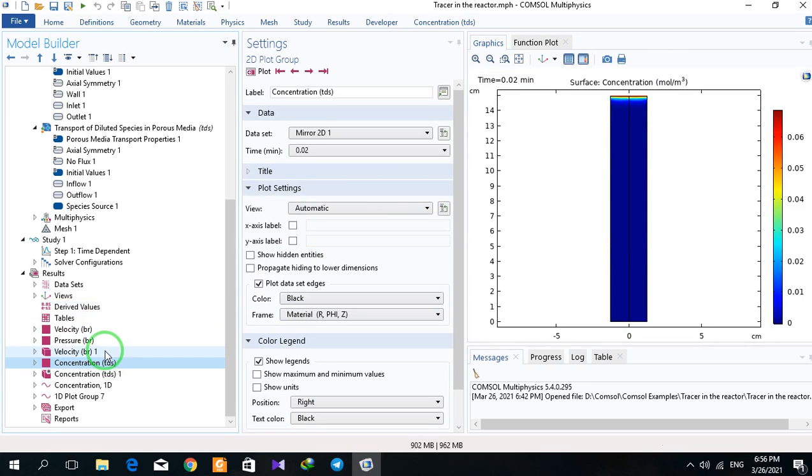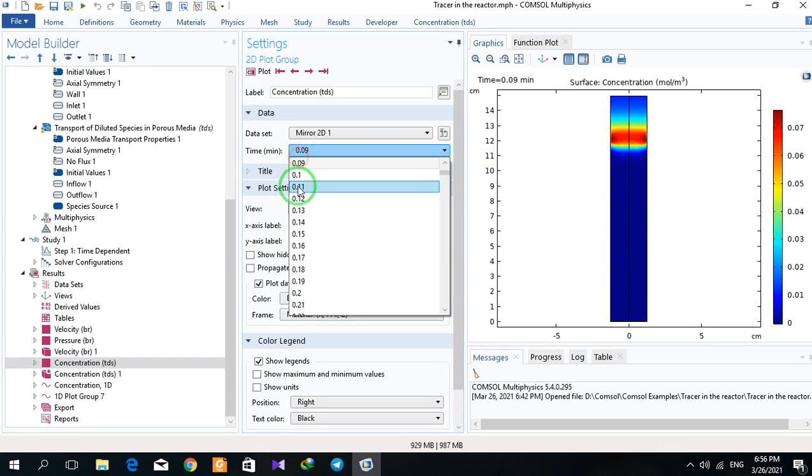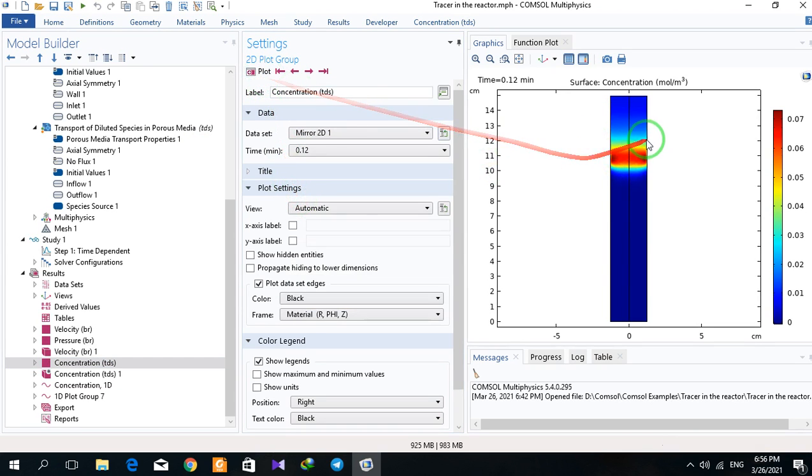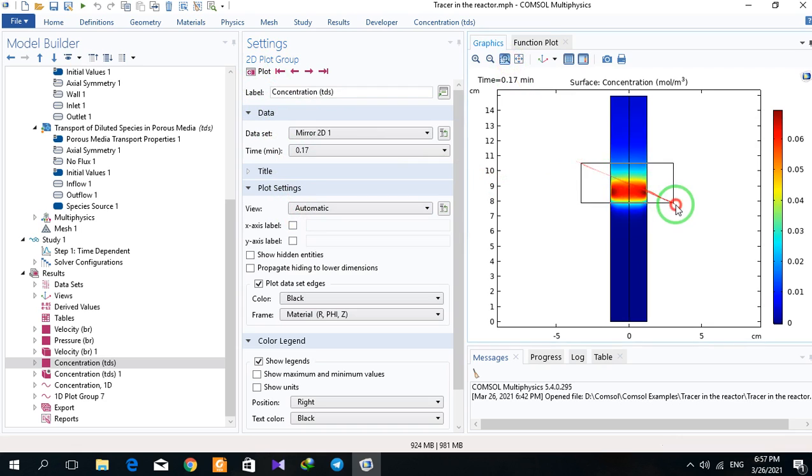It is the concentration. If we click on it, you see there is a movement of tracer. If you remember, I defined that as a pulse function that we calculated with experimental information from the lab.